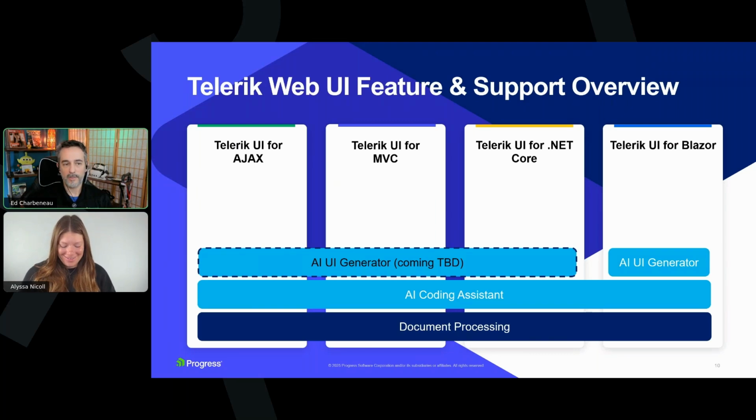And we have this for Telerik UI for Blazor, and plans for this to come to the other products as well in the future. But when you see me talk about the AI UI generator in this format, specifically I'll be talking about UI for Blazor. We also have that coming in the Kendo space as well. So there is an AI UI generator for Angular and React as well. So you'll see Alyssa talk about that tomorrow.